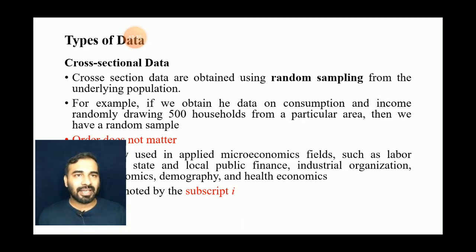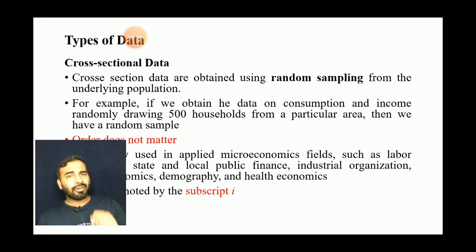That means if we have collected 500 household data in our area where there are more than 1000 or 2000 households, this 500 sample is collected through random sampling. Okay, so this is one of the crucial assumptions of cross section data.